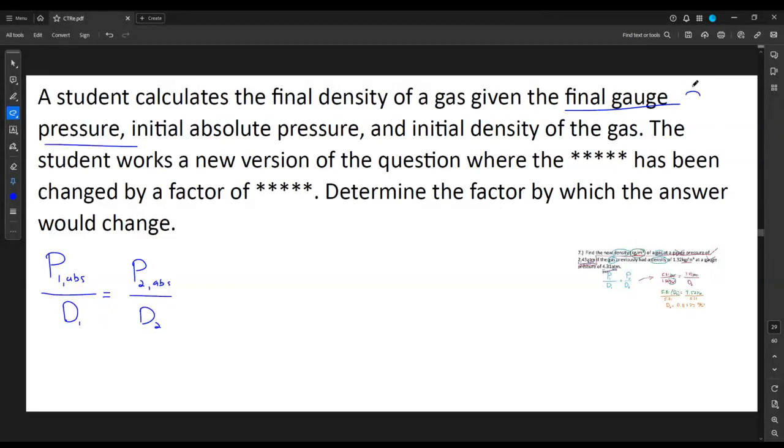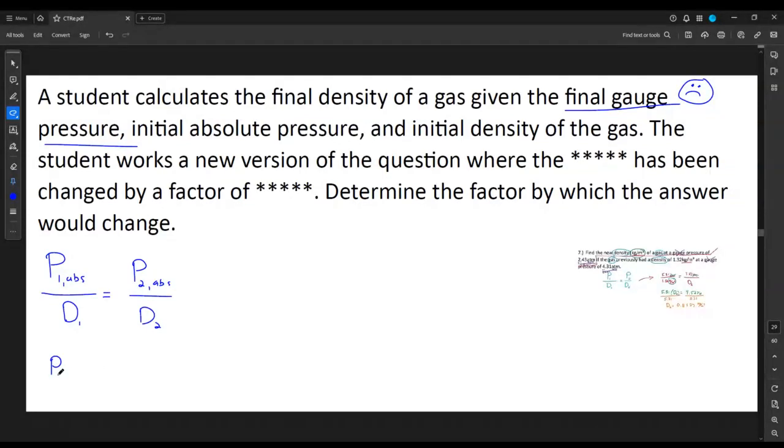But we're given the final gauge pressure. And gauge pressure is typically a pressure difference between inside and outside of a system or between different parts of a system. That's an issue because that doesn't tell us the total amount that the atoms and molecules are knocking around and bumping into each other. So that's going to be a bit tricky, and that's something we're going to have to fix.